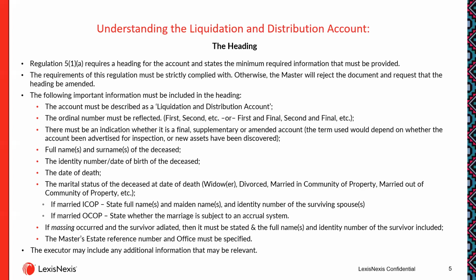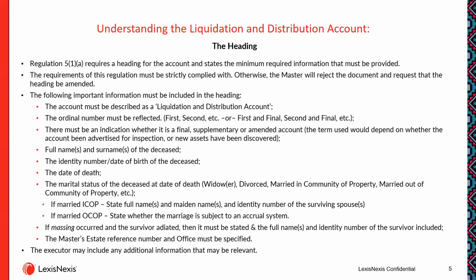So Regulation 5.1a requires a heading for the account, and it also gives us the minimum required information that we need to include in this heading. So this is a guideline, but it's also a requirement.